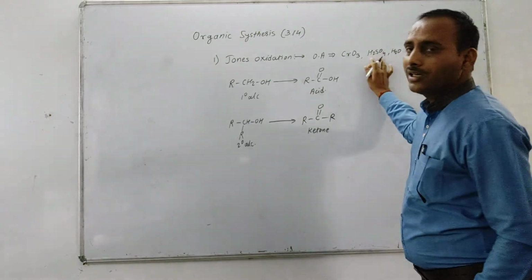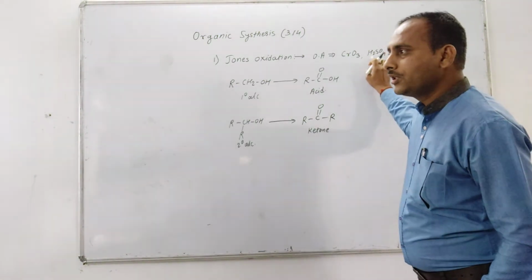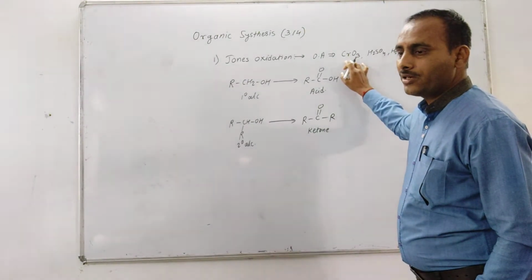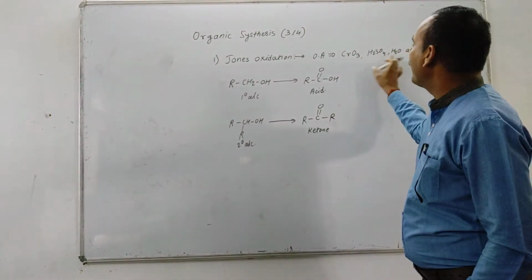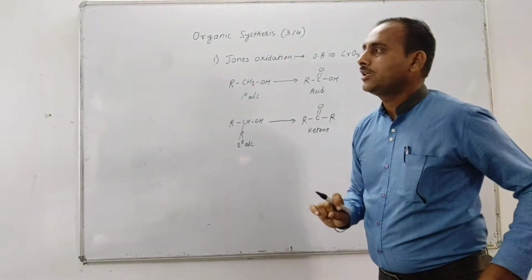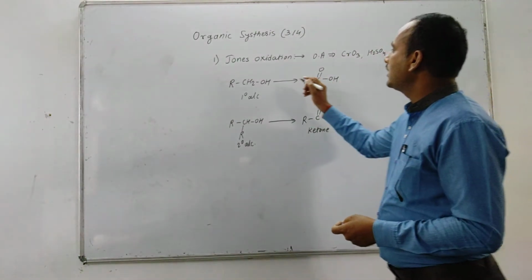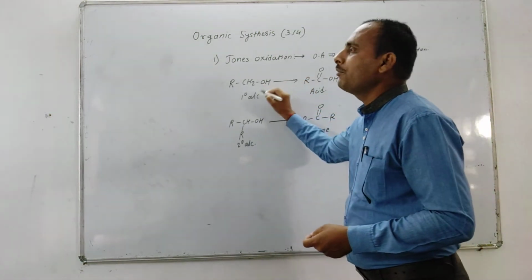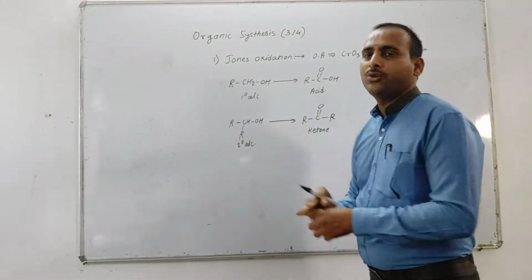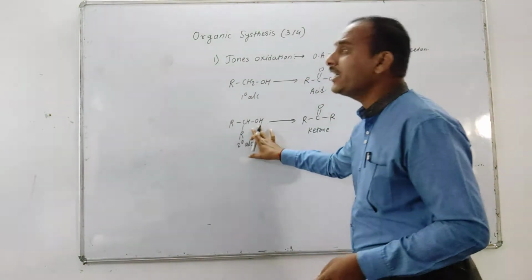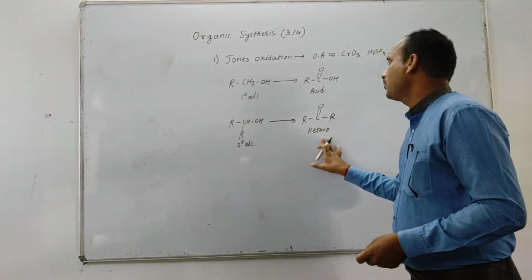H2O means dilute H2SO4. Dilute H2SO4 and chromium trioxide convert to chromic acid, and when this chromic acid reacts with primary alcohol, it gets converted to carboxylic acid, and secondary alcohol is oxidized to ketone.